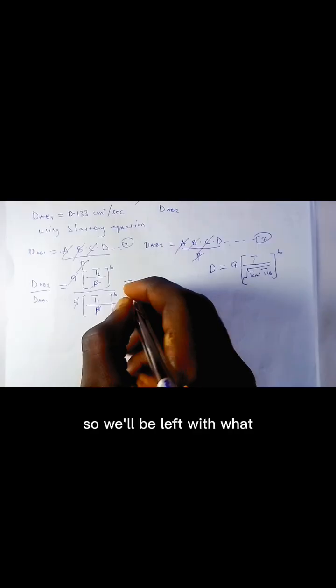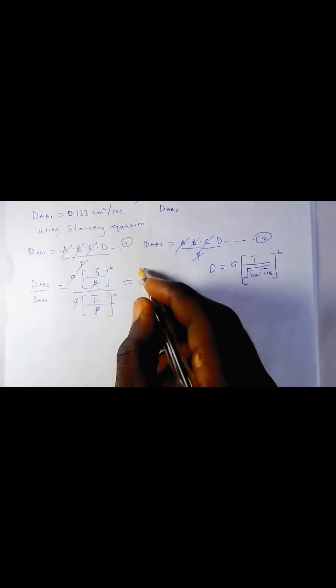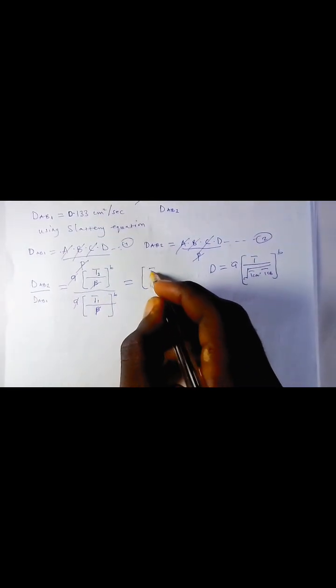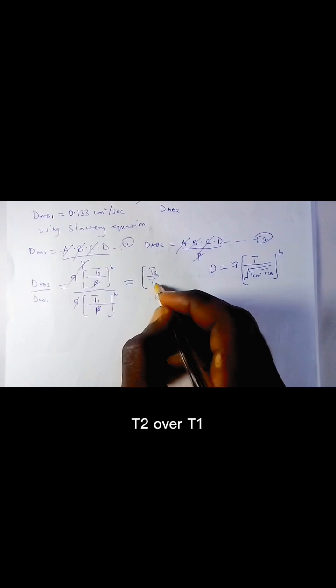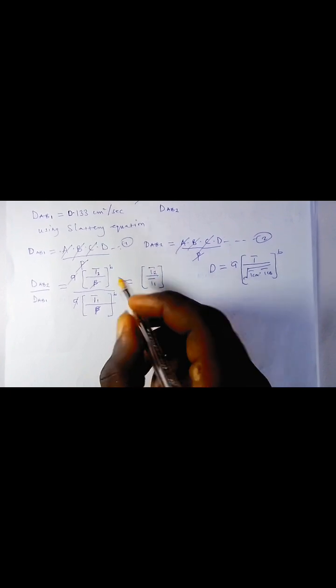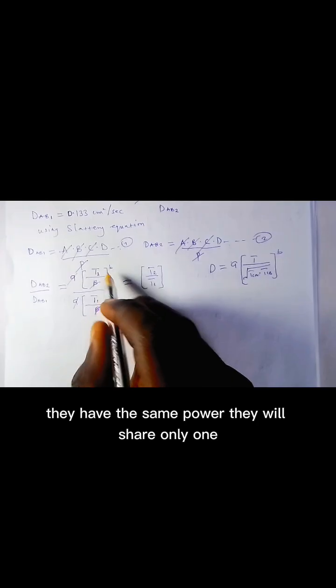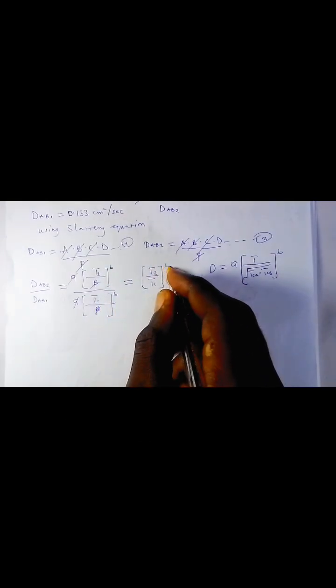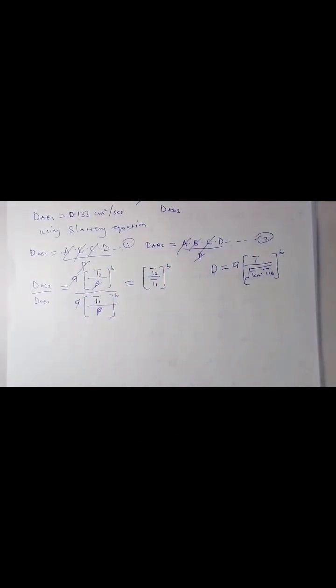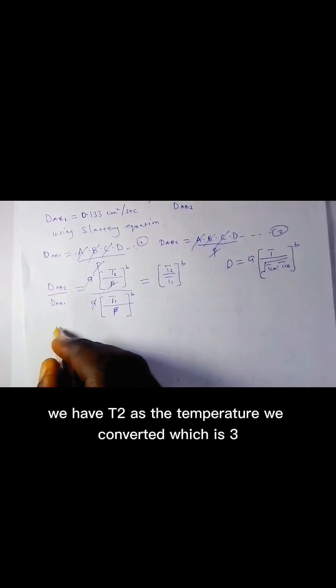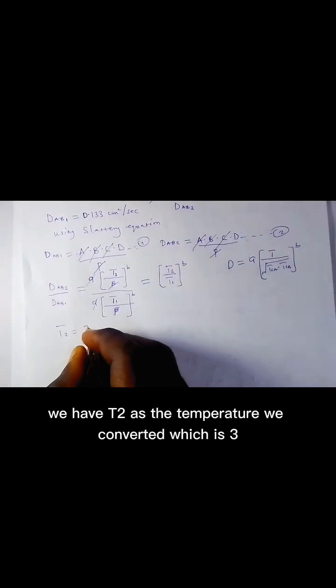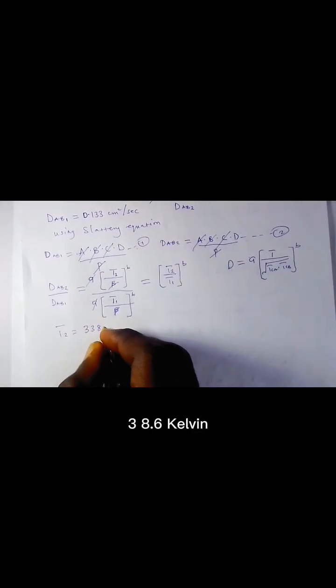So we will be left with T2 over T1, raised to the power of B. Since they have the same power, they share only one. So in this case, T2 is the temperature we converted to, which is 338.6 Kelvin.